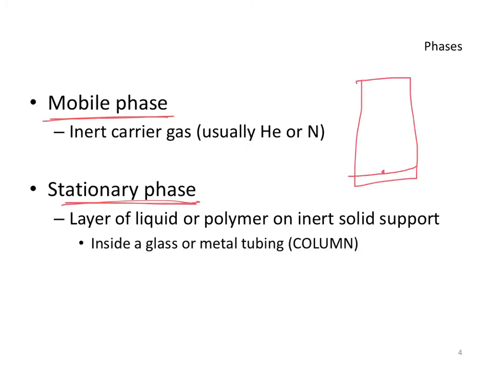We used our sample, and then we basically subjected that to elution. So water was my eluent, which moved through the paper. Paper was obviously static, stationary. It did not move. So what moves is the mobile phase. What does not move is the stationary phase. So one can say that the paper in that case was my stationary phase.